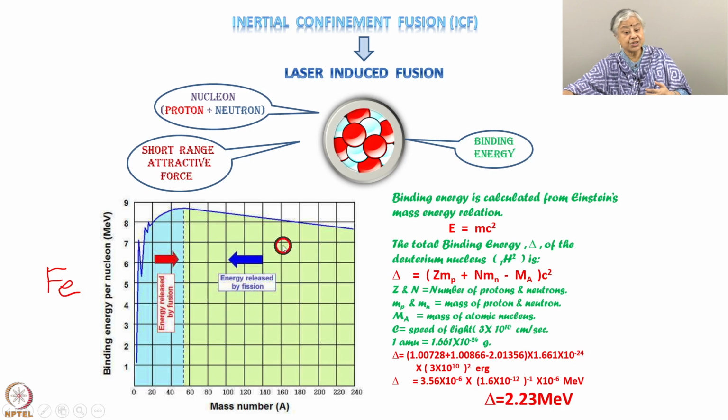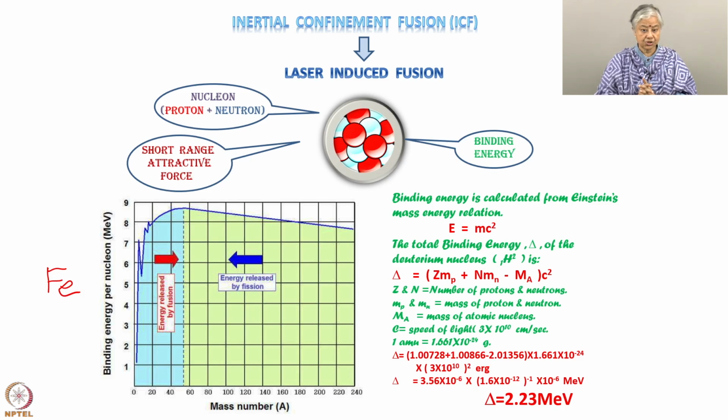The fission process has been mastered very well, and you have reactors and bombs and such things, but the fusion process is not mastered that well. You do not have a controlled way of obtaining energy. People have been trying for 4 decades, perhaps more than that, to achieve a break even condition.